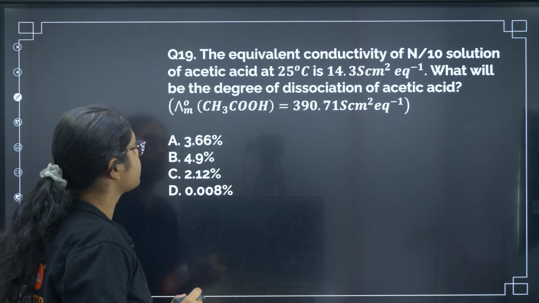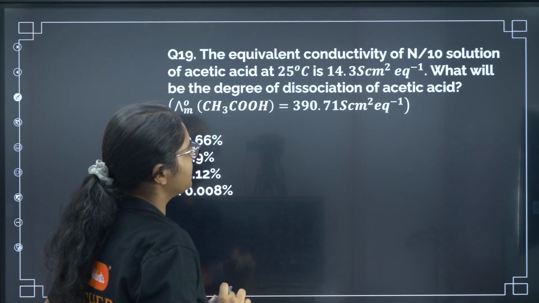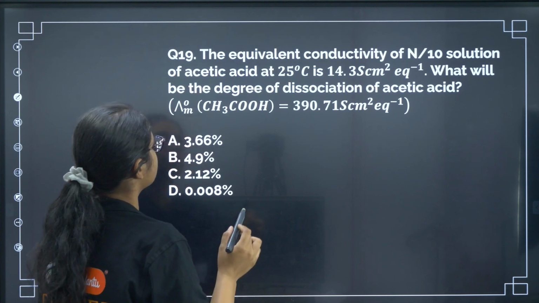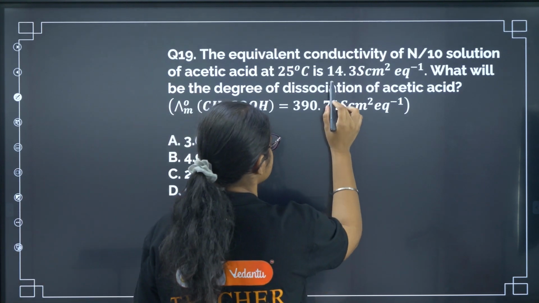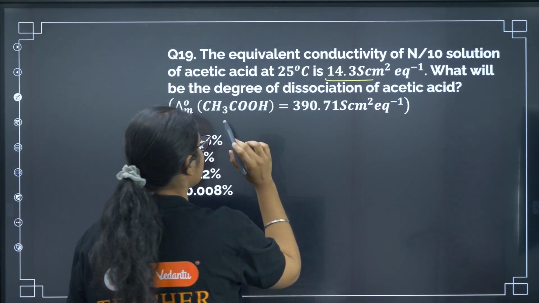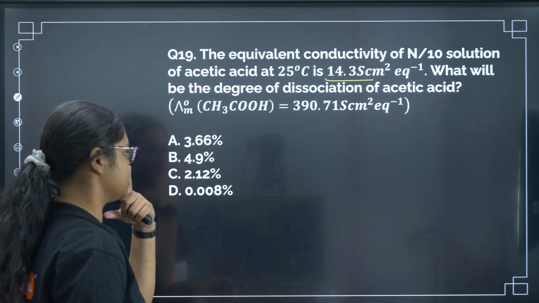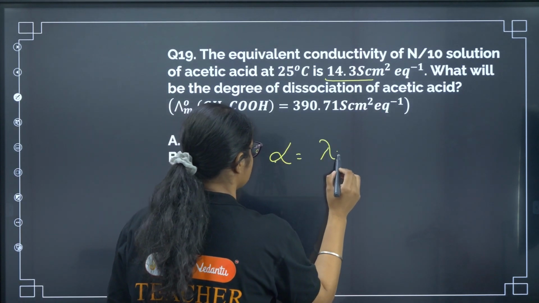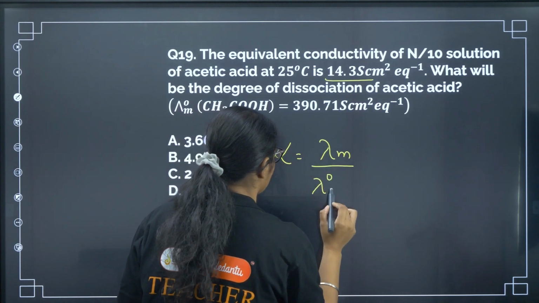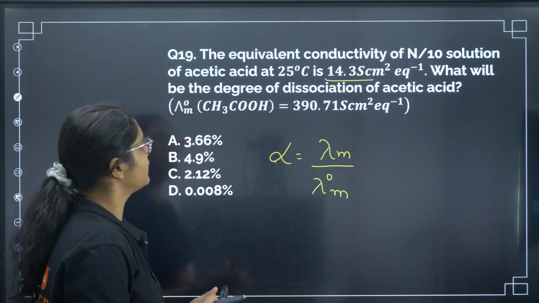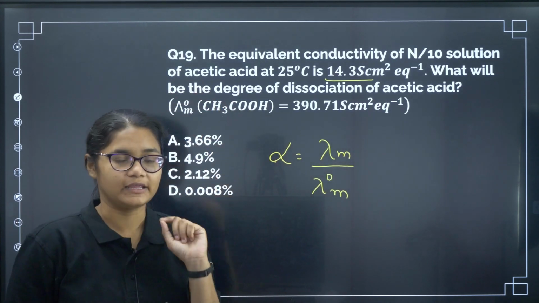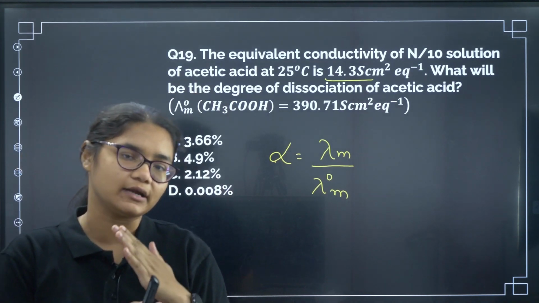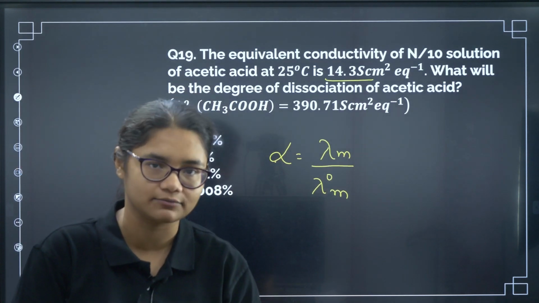Okay, next. The equivalent conductivity of N by 10 solution of acetic acid at 25 degrees is this one. What will be the degree of dissociation? Lambda m is given. Okay. Now see here, the degree of dissociation formula is lambda m by lambda naught m, right? Now for acetic acid, equivalent conductivity and molar conductivity will be equal because the n factor is 1.